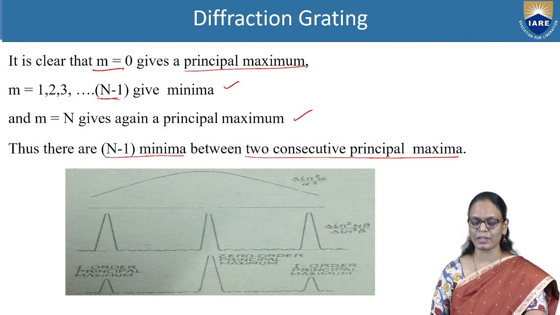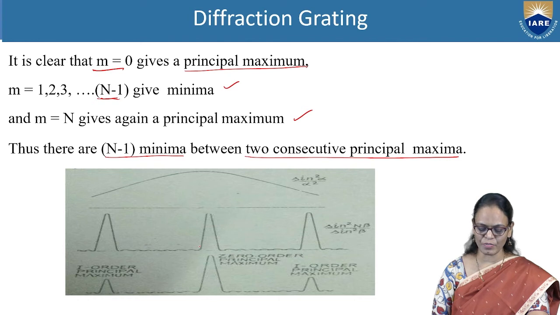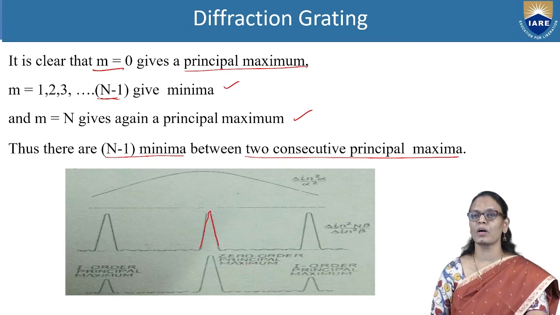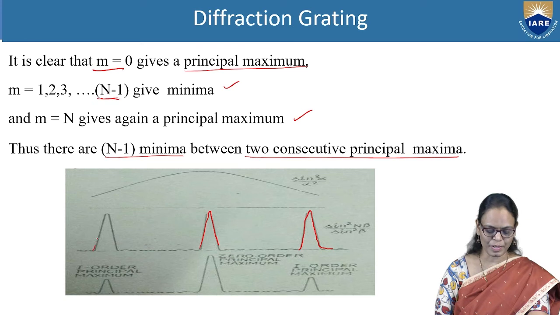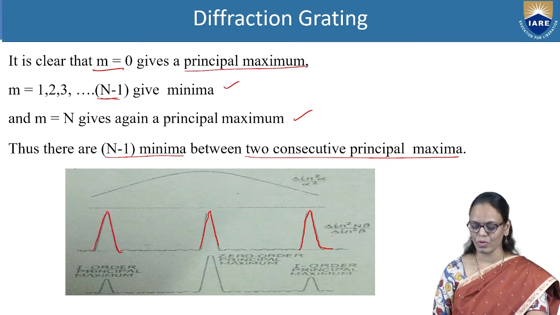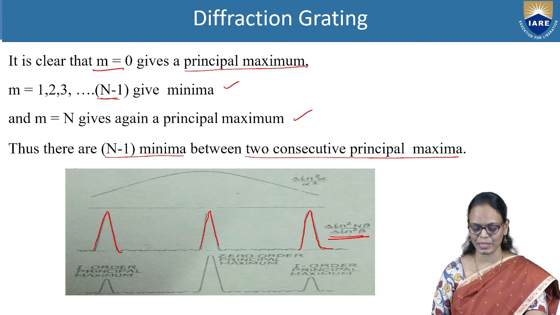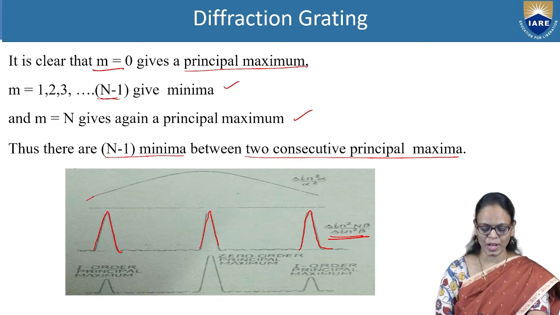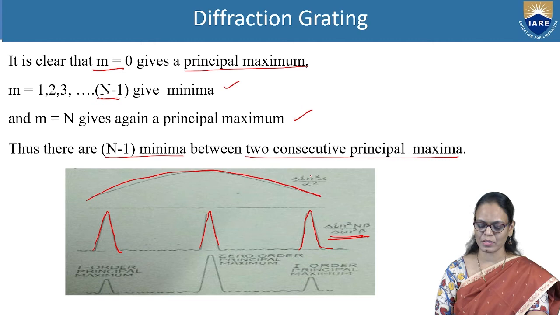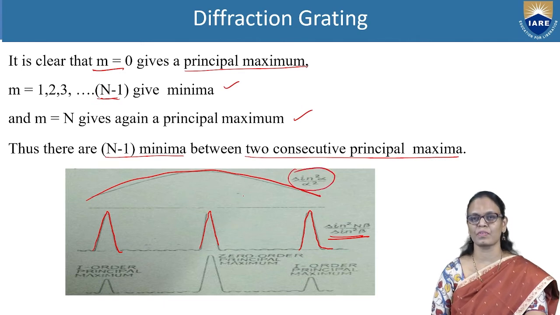So if you see the pattern here, if this is the zeroth order maxima, you will have another principal maxima here and another principal maxima here. The intensity is given by sin square N beta by sin square beta, and due to diffraction, we get the envelope from sin square alpha by alpha square.